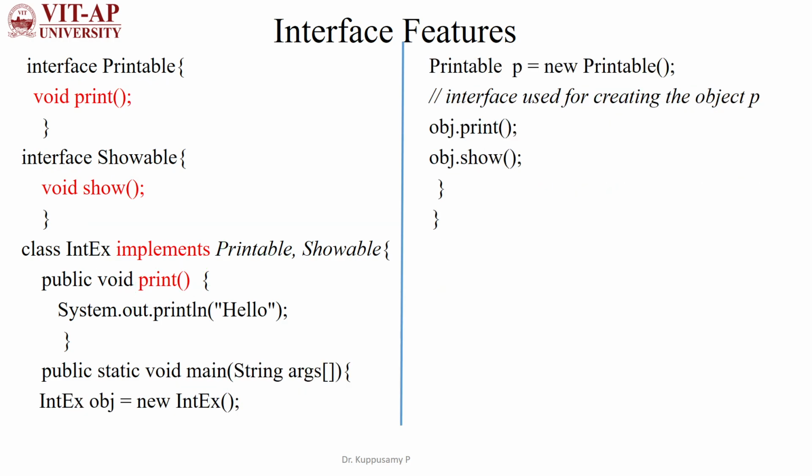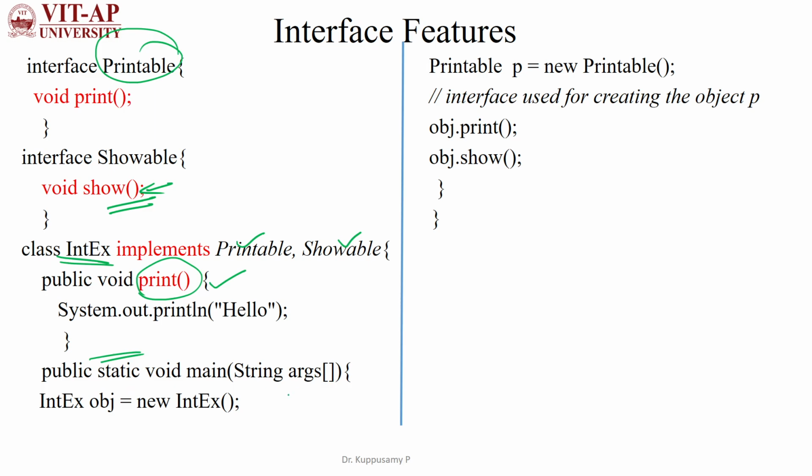At the same time, you see here I am not implementing the method show. The class is implementing the printable interface and showable interface, and for the printable interface, the method print is implemented here, but the show method is not implemented. You see, there is no show method.